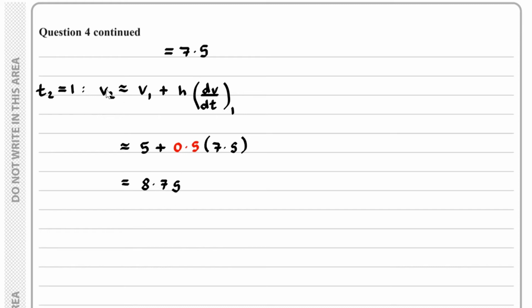So v2 is approximately equal to 8.75 meters per second.